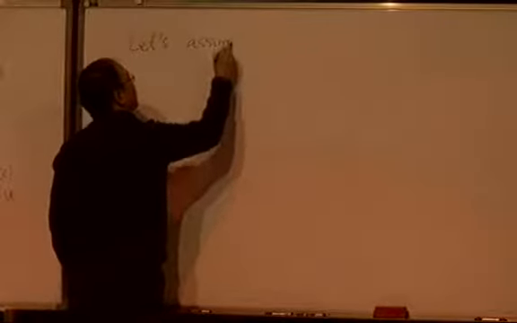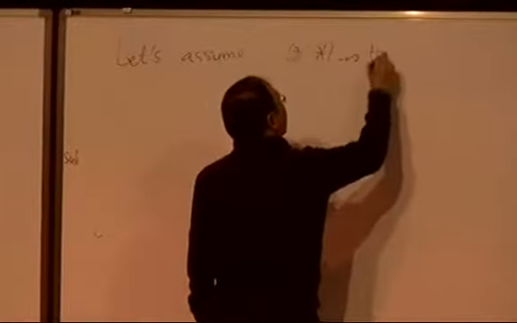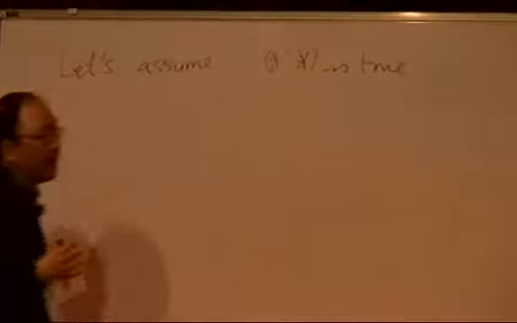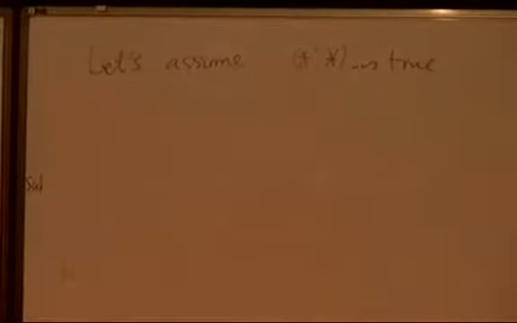So let's assume that is true. Let's say this is the second statement. So that is true. And I want to say it is also true at the next step.